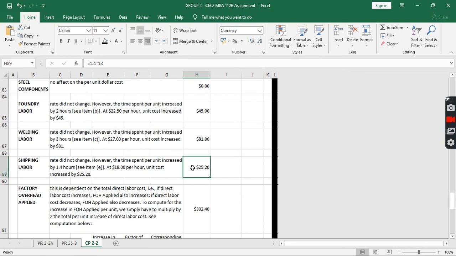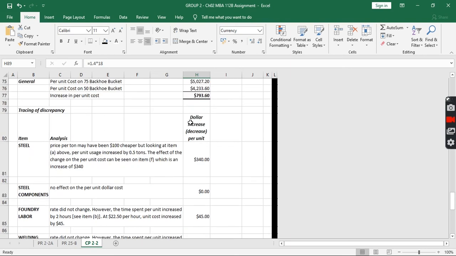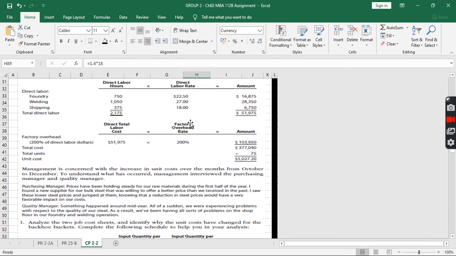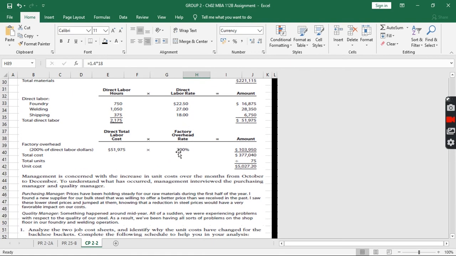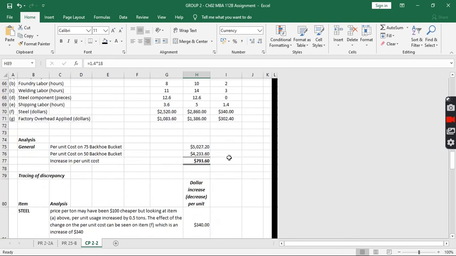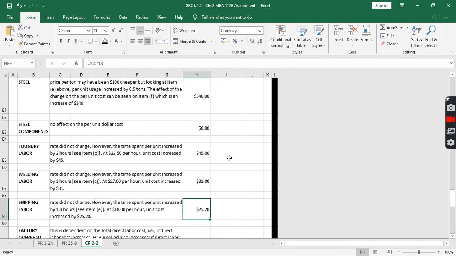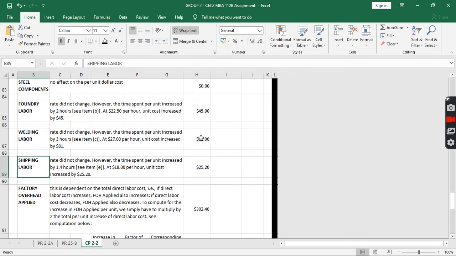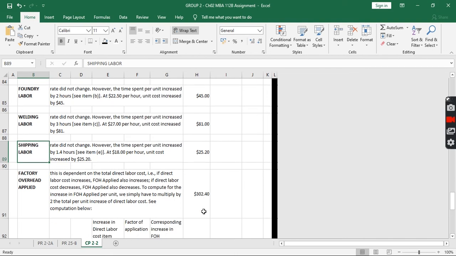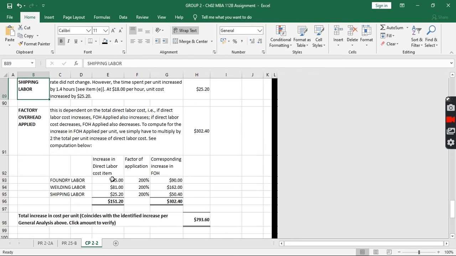For our factory overhead applied, we should remember that as per the problem, this is applied at 200% of our direct total labor costs. So this indicates that whatever increase was observed for our foundry, welding, and shipping, twice of the total of this amount should be the increase in our factory overhead applied, as shown in this table.